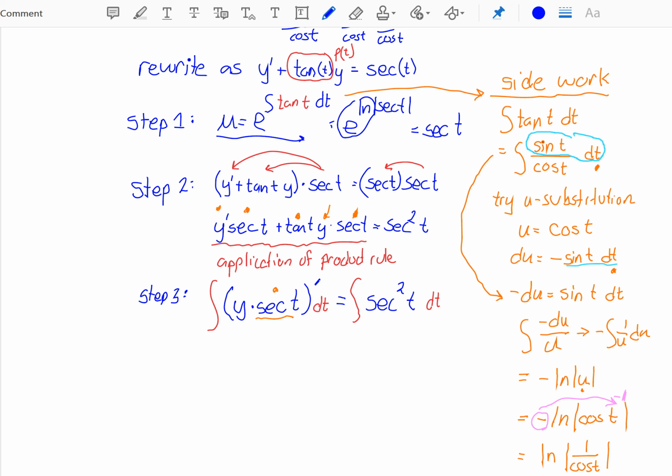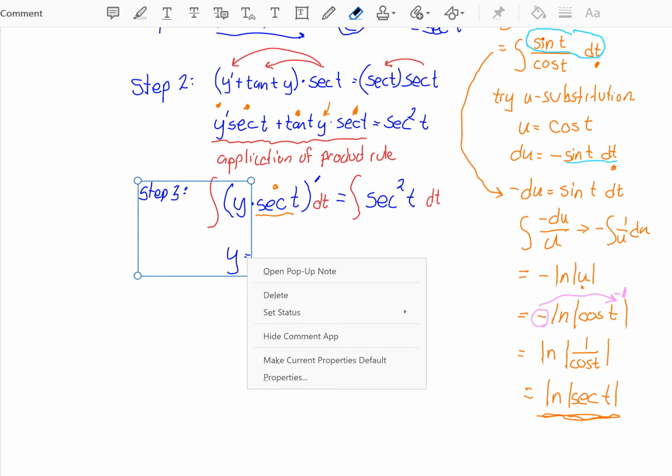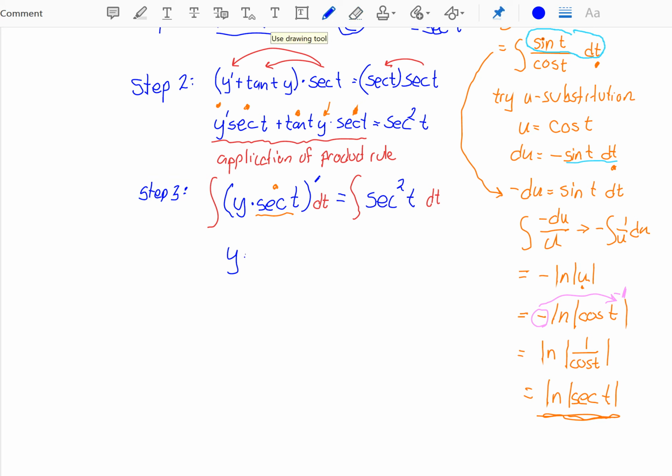Now we're integrating both sides with respect to t, which remember means that the integral of this derivative is going to cancel. So it's going to be y secant of t equals the right-hand side.